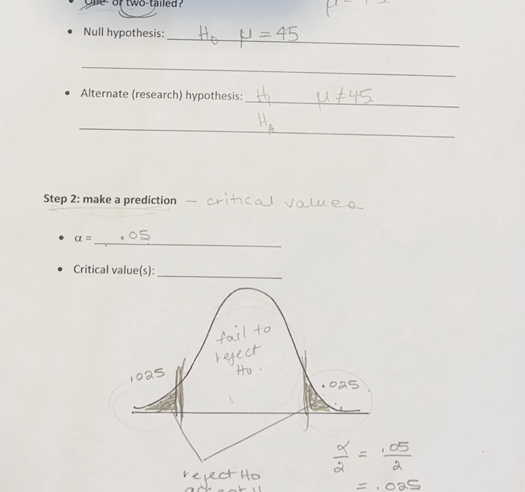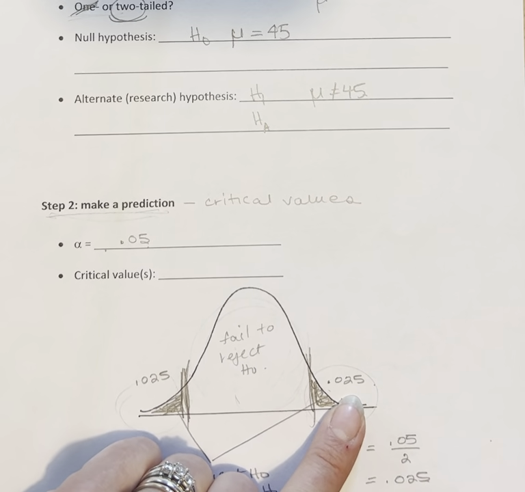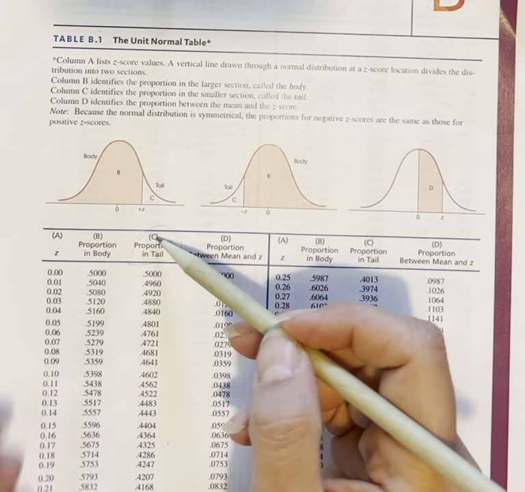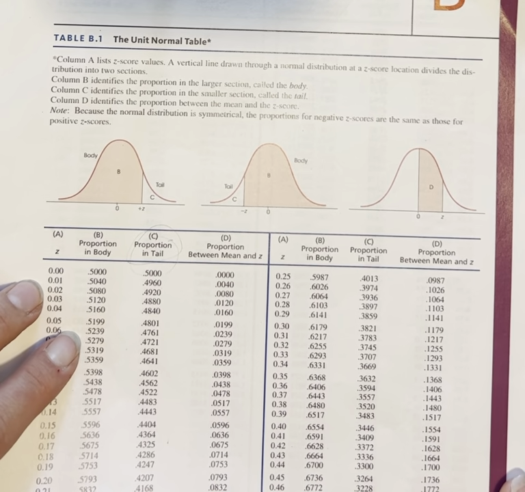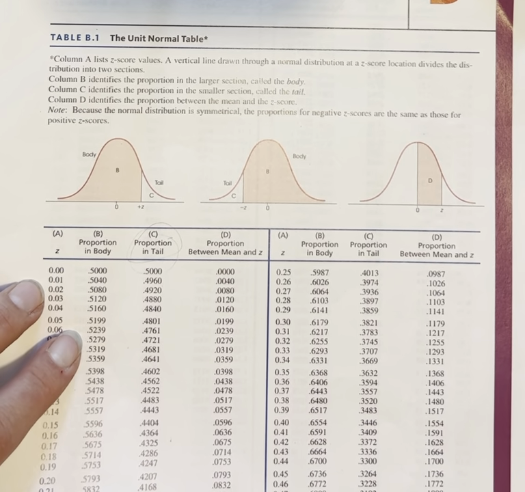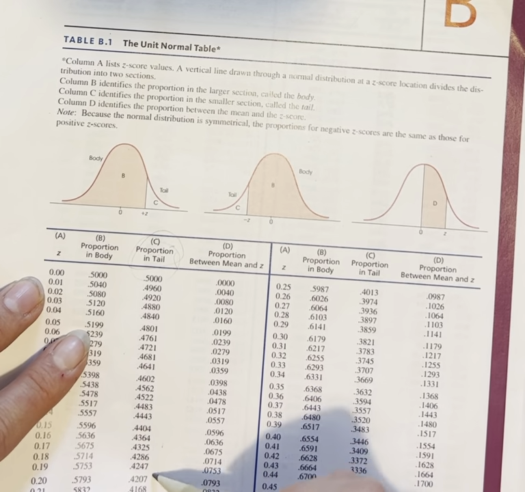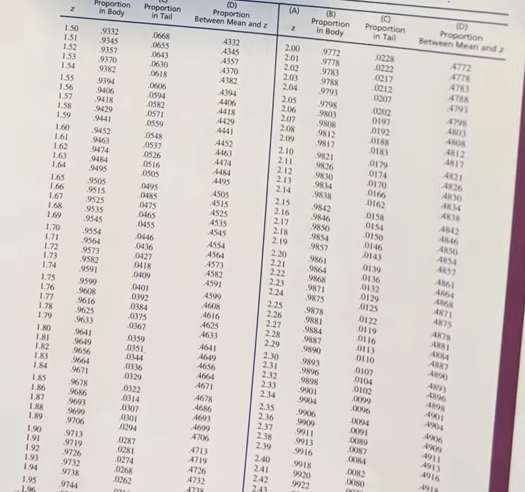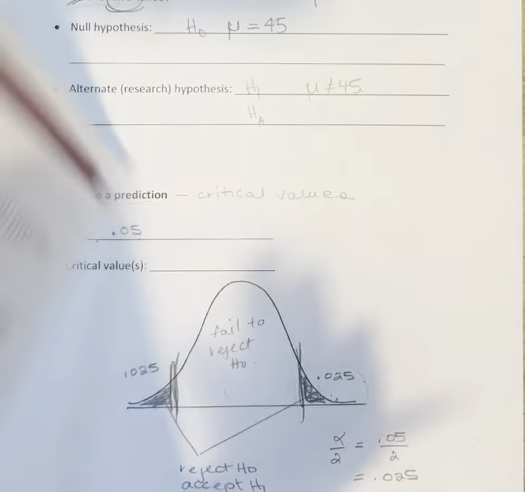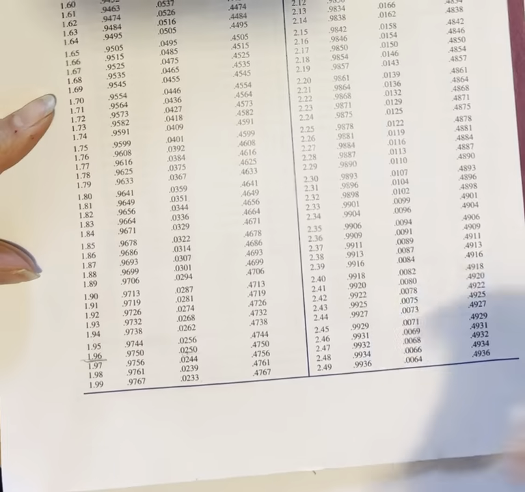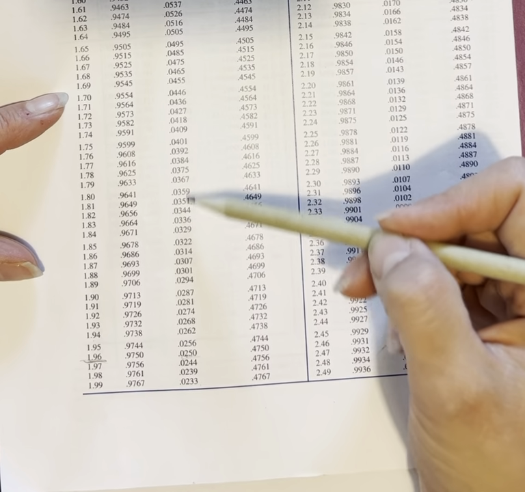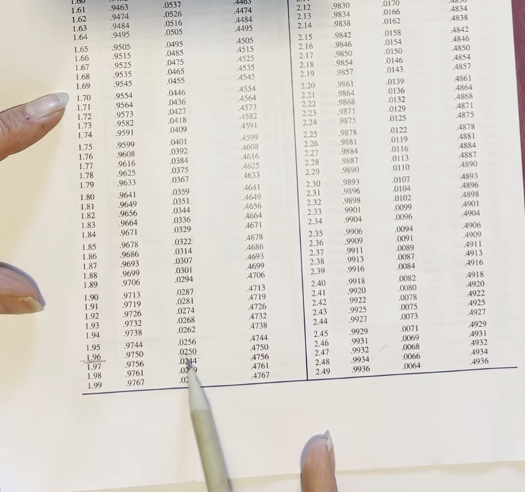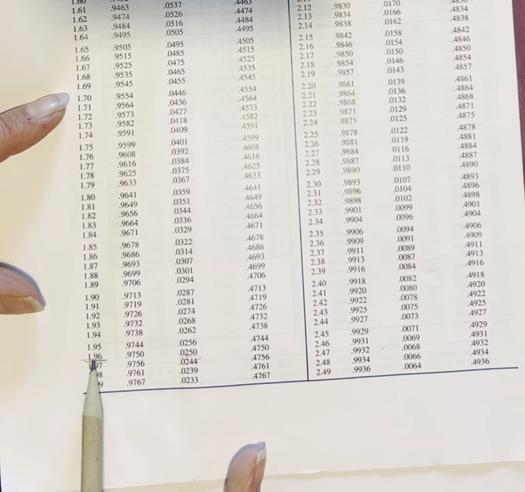So our critical values we're going to look for in our unit normal table. We're going to look for a proportion in the tail. That's column C on my chart. And I'm going to look down in this column until I find 0.025. And so I scan down here until I find 0.0250, and then I read across to my z-score.